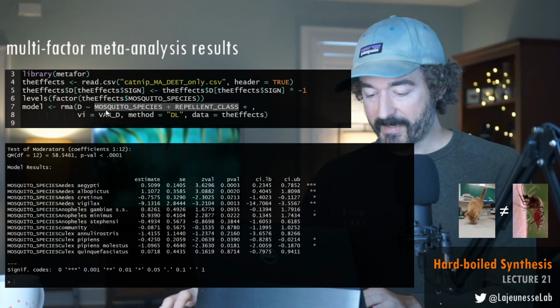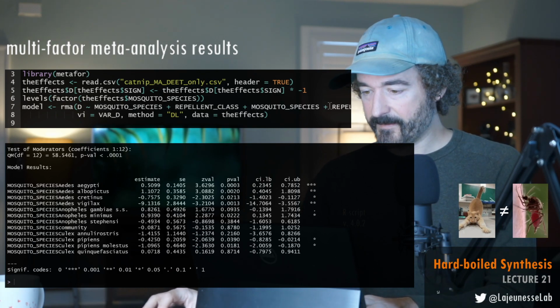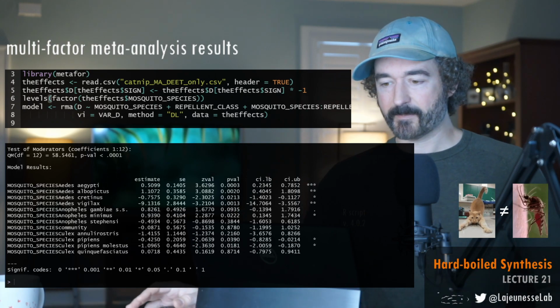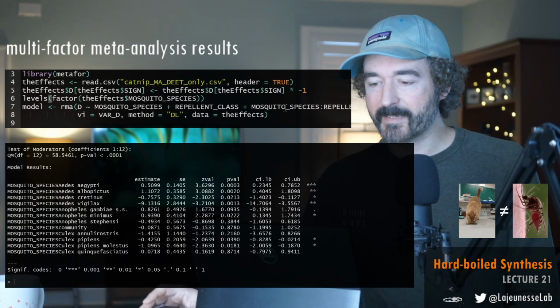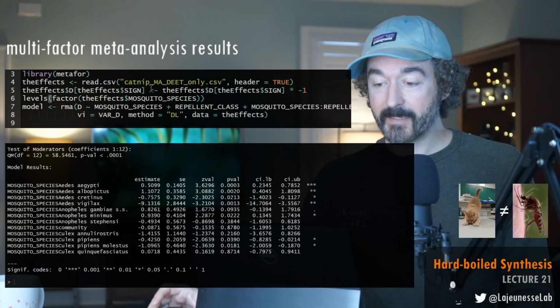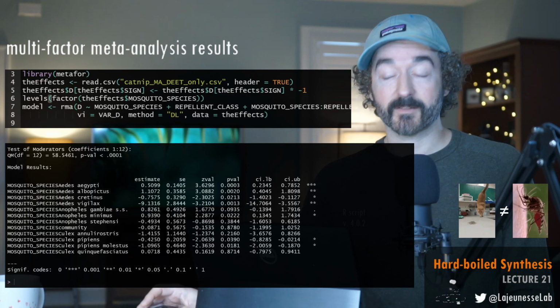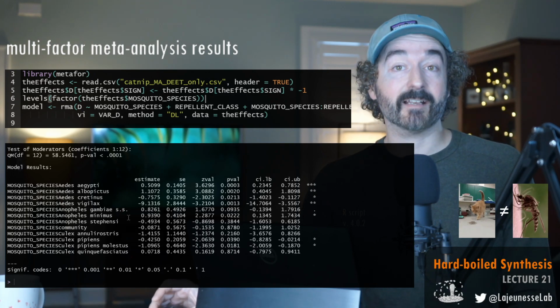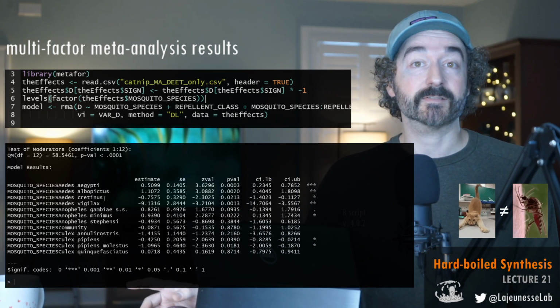And the way you do that in R is you link them together with this. And so here we have our fully written out linear model with the main effects of mosquito species, repellent class, and then their interactions. And if I run this, everything's going to be presented again in terms of regression coefficients.